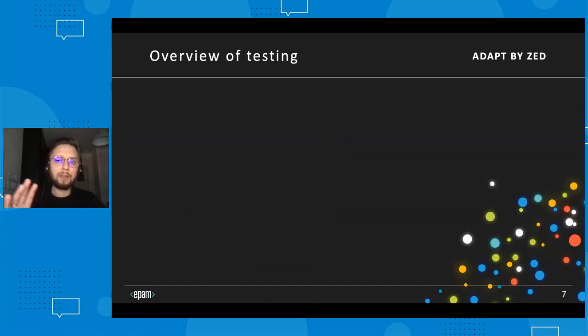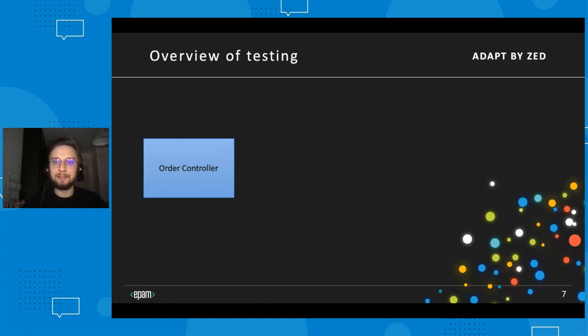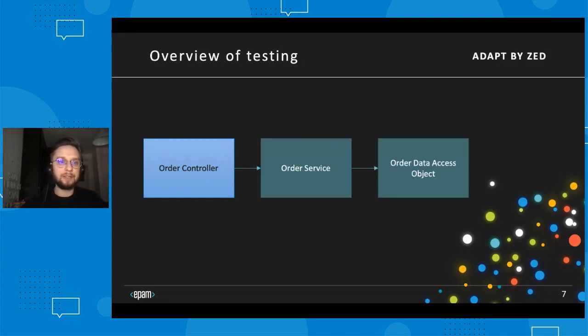Okay, my main complication in testing is that the system under test ordinarily has dependencies. The trouble with dependencies is that they make tests slow and complicated. For example, let's take a look at an order controller that uses an order service that relies on an order data access object, and the order data access object provides access to the data that is stored in the order database.